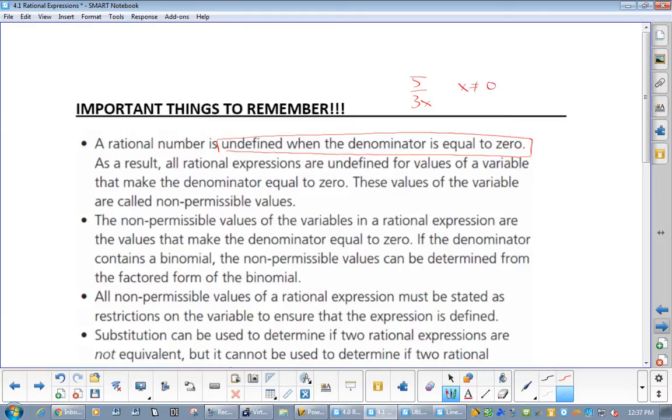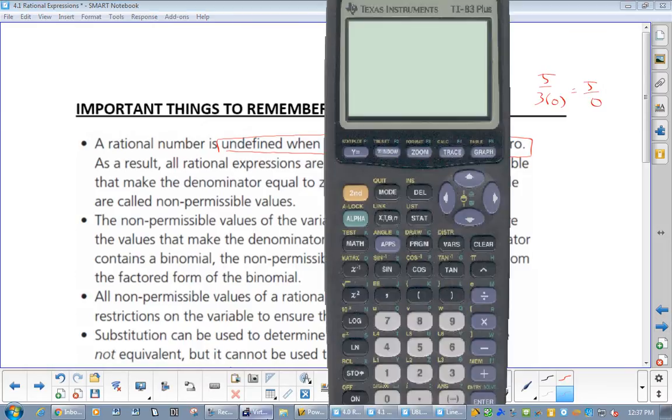Because that would be 5 over 3 times 0, which is 5 over 0. Even your calculator, try it. If you go 5 divided by 0, it's like yelling at you. Nice and clear. You can't divide by 0. So, never can you divide by 0.